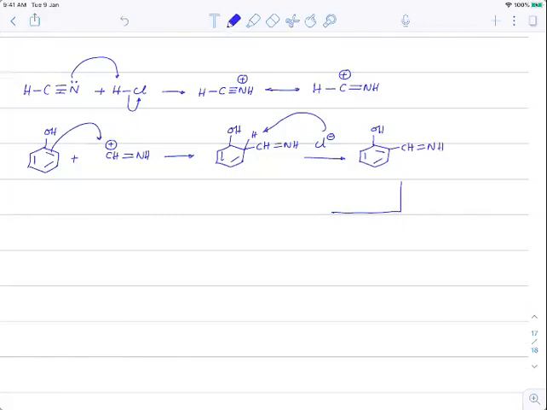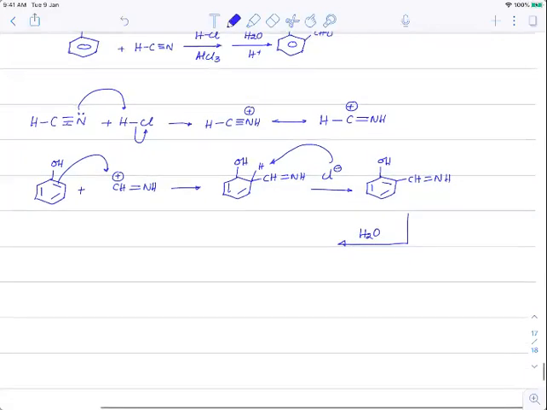CH double bond NH on hydrolysis, whenever, son, keep this in mind, C double bond N will remain. So you hydrolyze it, it would immediately break into C double bond O. So you'll get this as CHO, and that nitrogen will come out as ammonia. Okay.